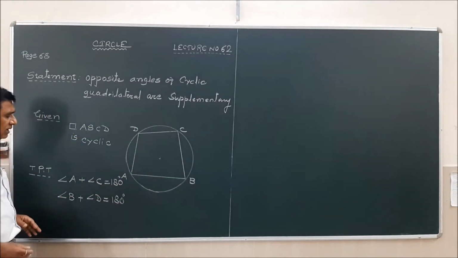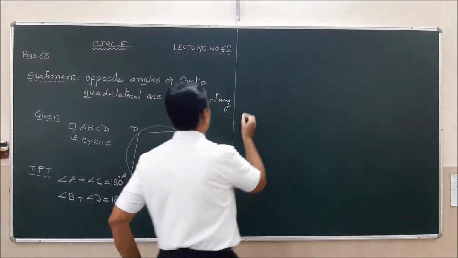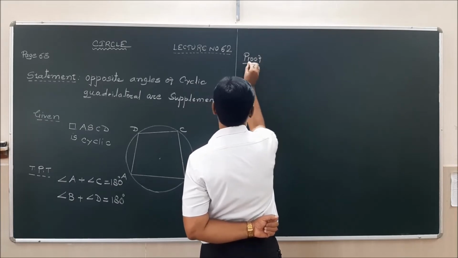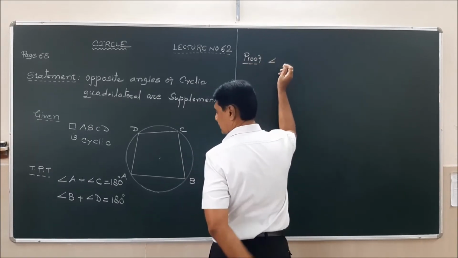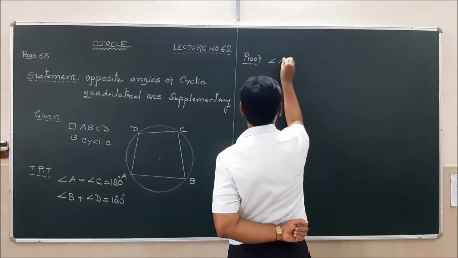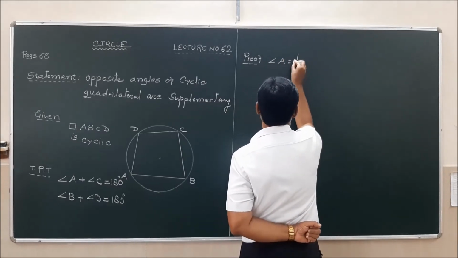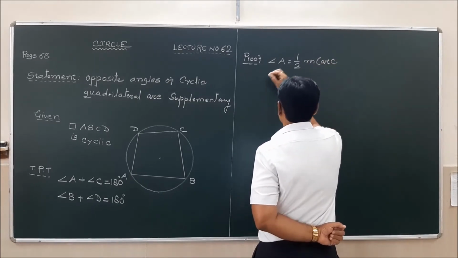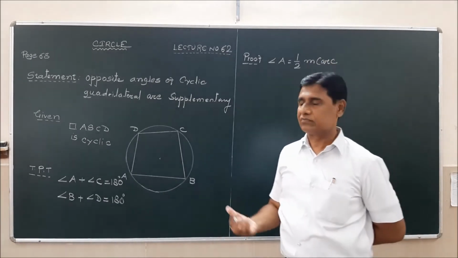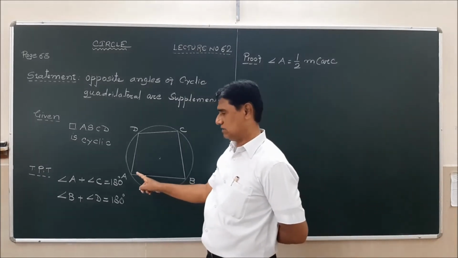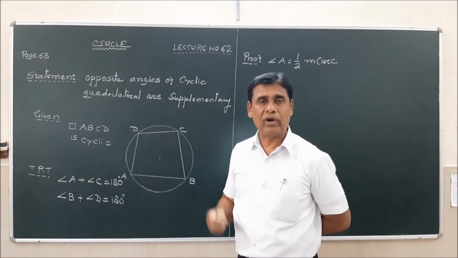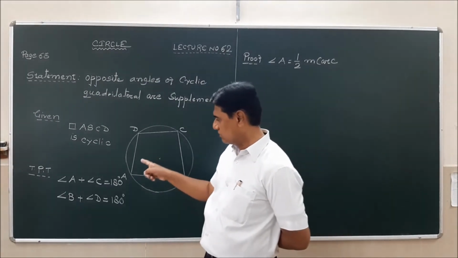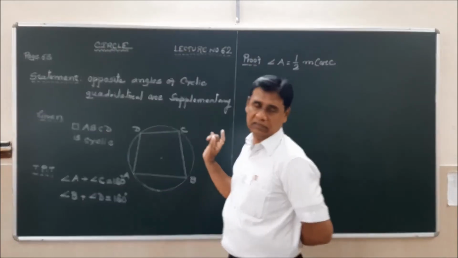Okay, now let's begin with the proof. Now you will find in proof, first, angle A. So angle A is equal to half measure of arc. Now please try to understand, dear students, that A is an inscribed angle. Why call it an inscribed angle? Reason is very simple: its vertex is lying on the circle, that's all.